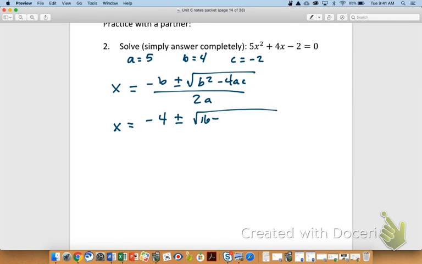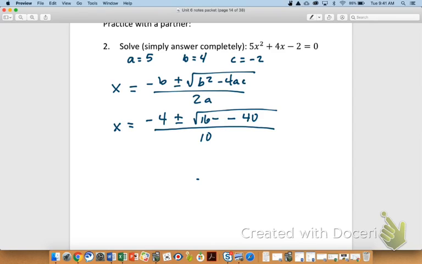Minus, what's 4 times 5 times negative 2? 4 times 5 is 20. What's 20 times negative 2? Negative 40. So it's 16 minus negative 40, which ends up being plus a positive 40. 2a would be 2 times 5, which is 10.